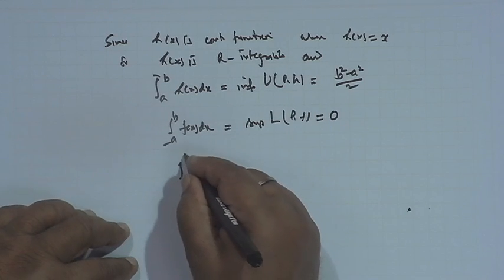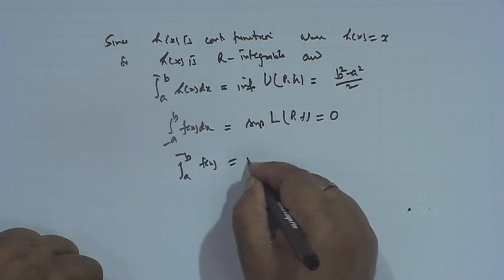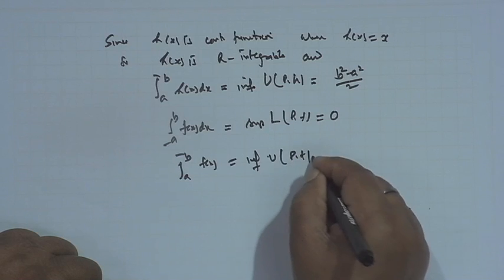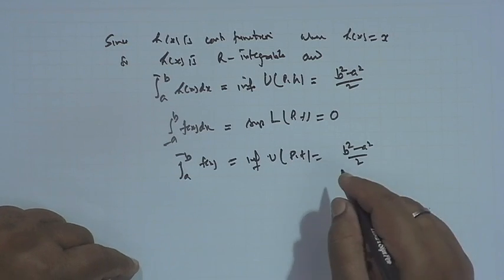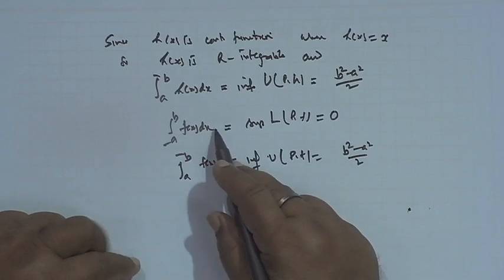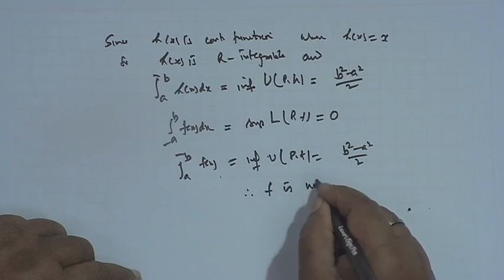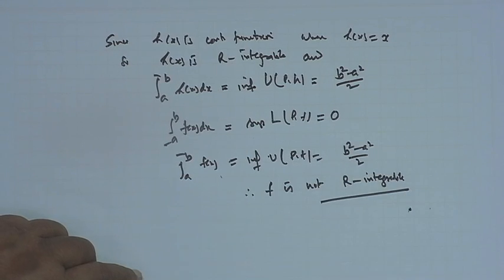So, the upper integral of f(x) dx is equal to the infimum of U(P, f), and that will be equal to b square minus a square. Okay. But upper and lower sums differ, therefore, f is not Riemann integrable. h is Riemann integrable because of the behavior like this. Okay. So, we are getting this one.